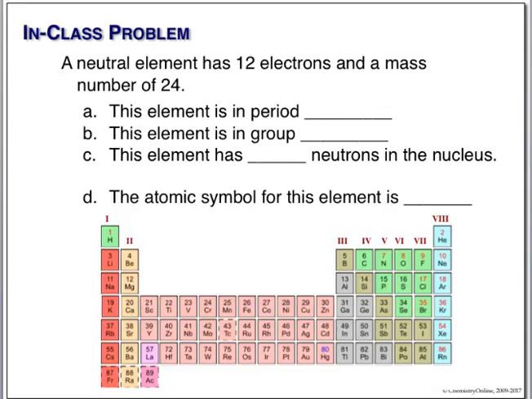Electrons are negative. If the atom is neutral, there must be the same number of protons and electrons. So this is neutral, and it has 12 electrons. How many protons? 12. We're down here at magnesium. Go ahead and fill in the rest of the blanks here.